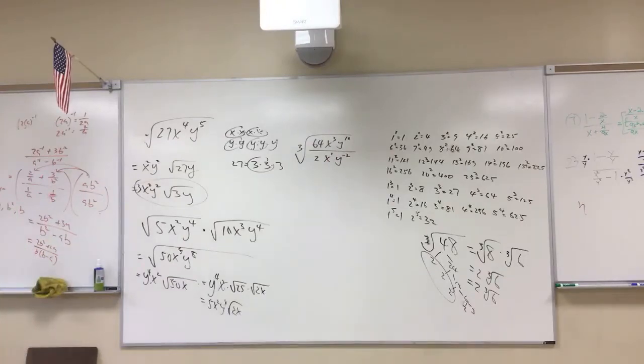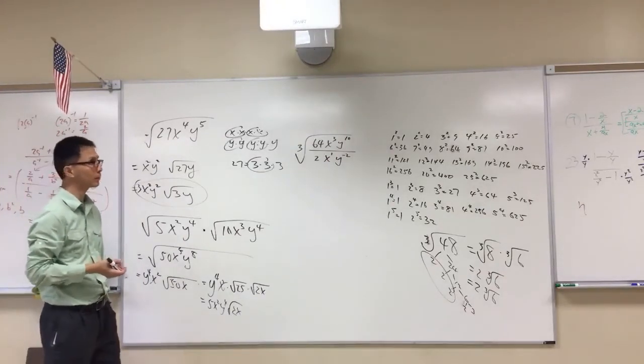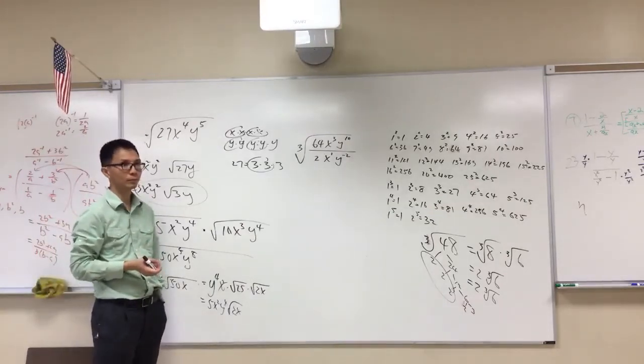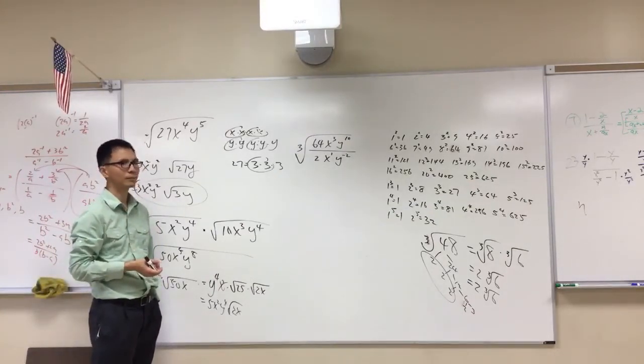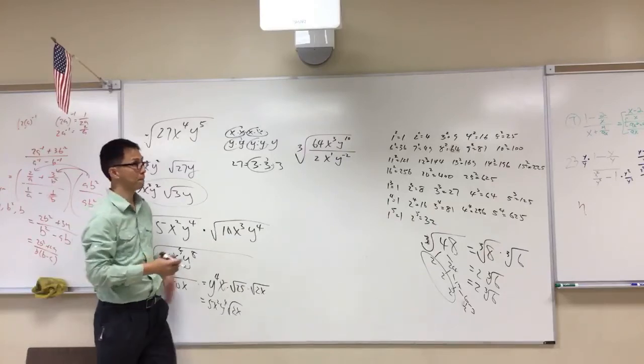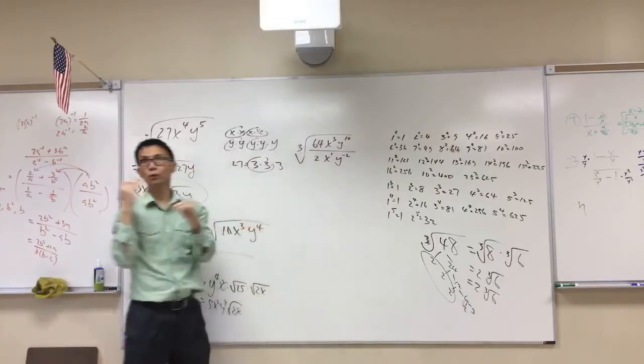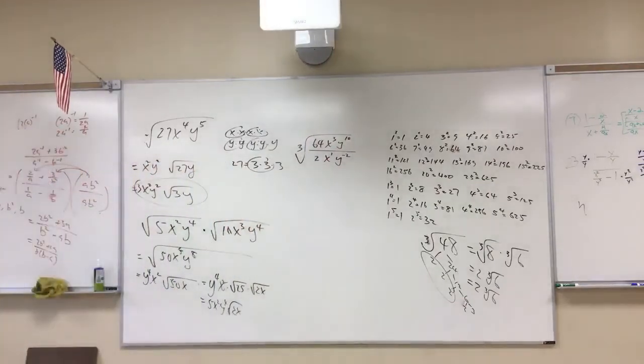Those are quotient rules. Where's the parenthesis at? Not on the edge, actually. No, it's on the whole thing. So what do you do first? Simplification first. The quotient rule.